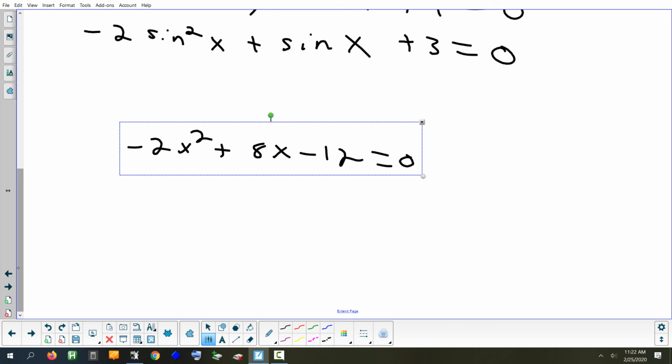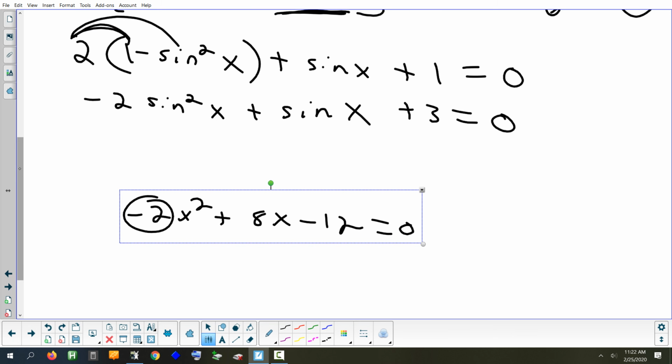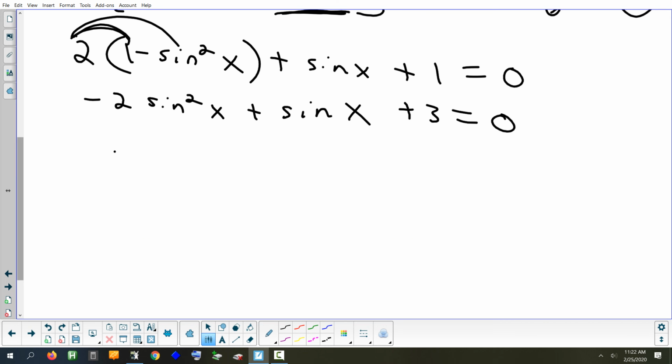Anytime you factor or use the quadratic formula, you always want this to be positive. Same thing here. So what can you do when it's not positive? How can you fix it? Multiply everything by -1. Yeah, basically just change the sign of everything. So you could have 2 sine squared x minus sine x minus 3 equals 0.